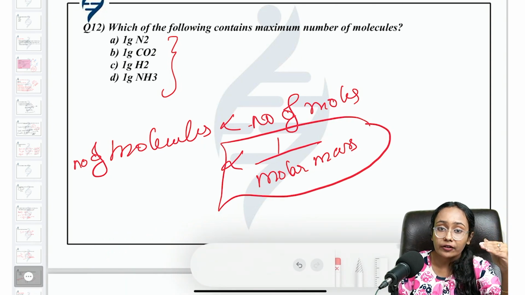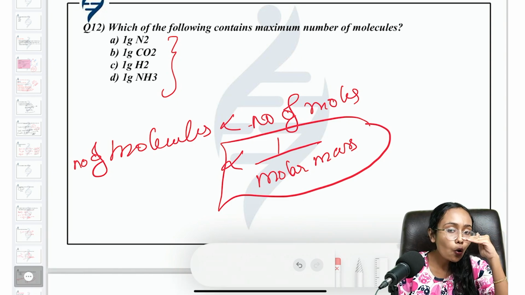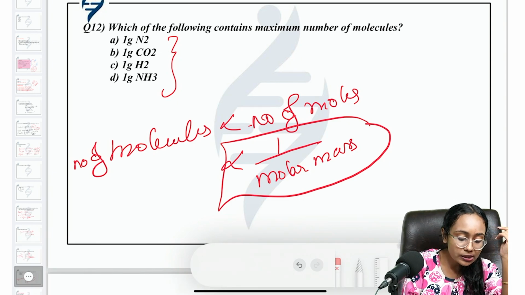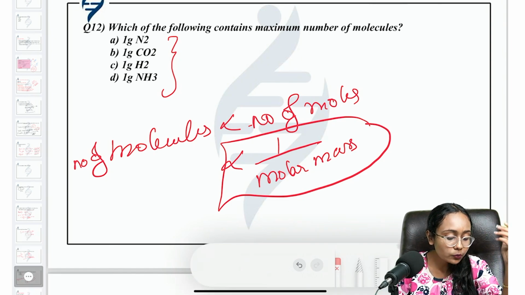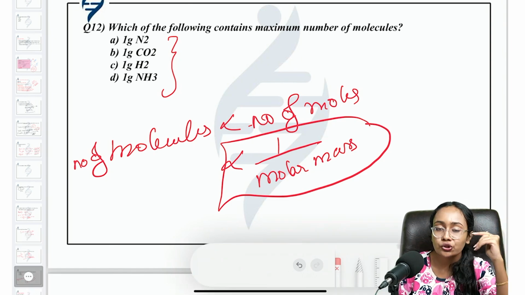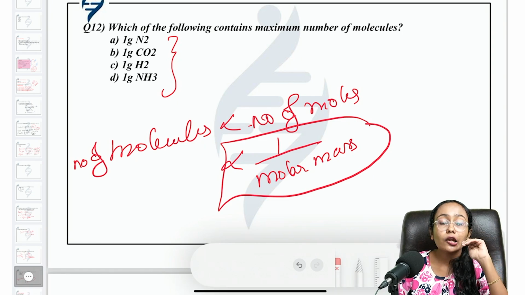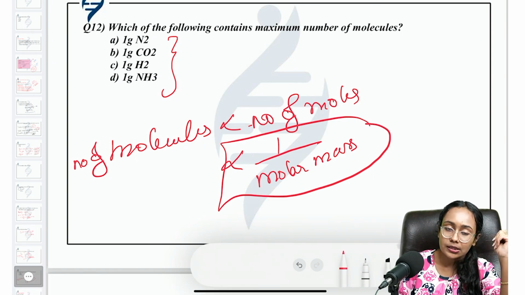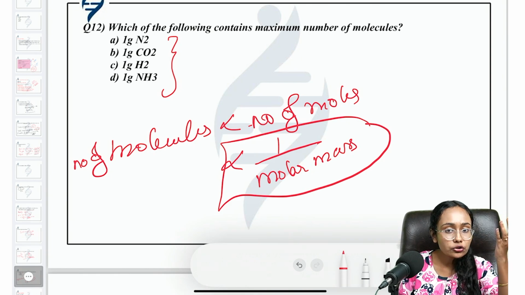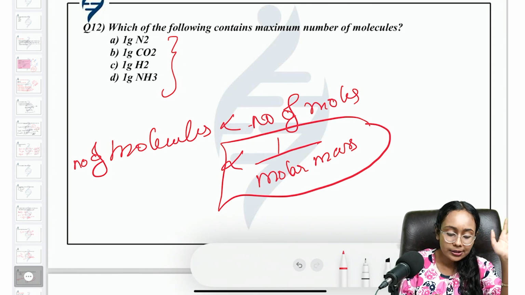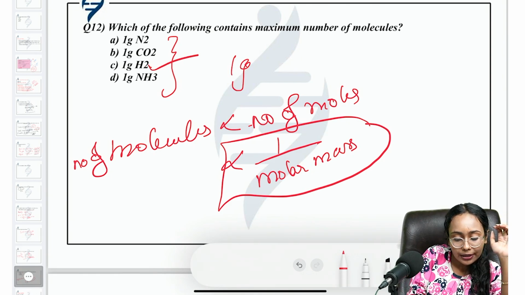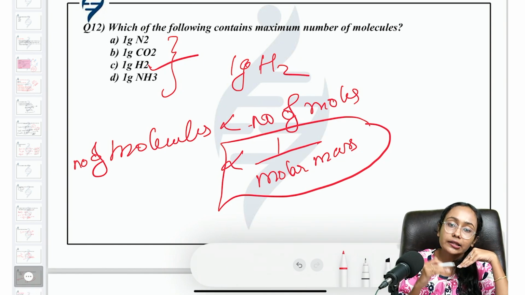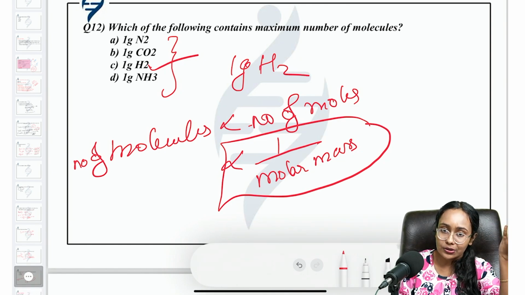The one having the lowest molar mass will have the highest number of molecules. So see, we are provided with 1 gram of N2, CO2, H2, NH3. So which has the lowest molar mass? Is it N2, CO2, H2 or NH3? Definitely H2. 1 gram of H2 has the lowest molar mass, hence it will have the highest number of molecules.